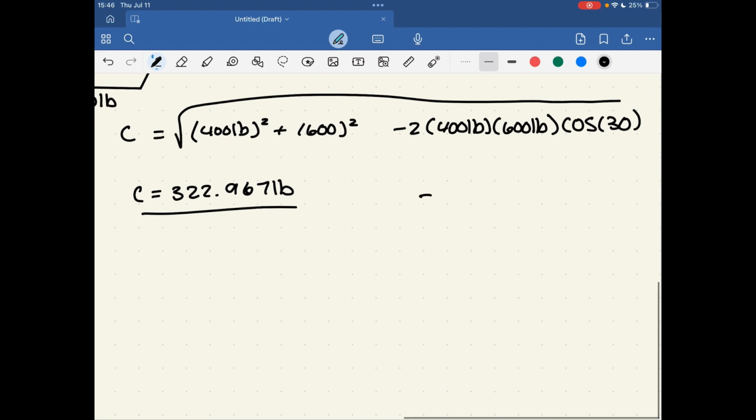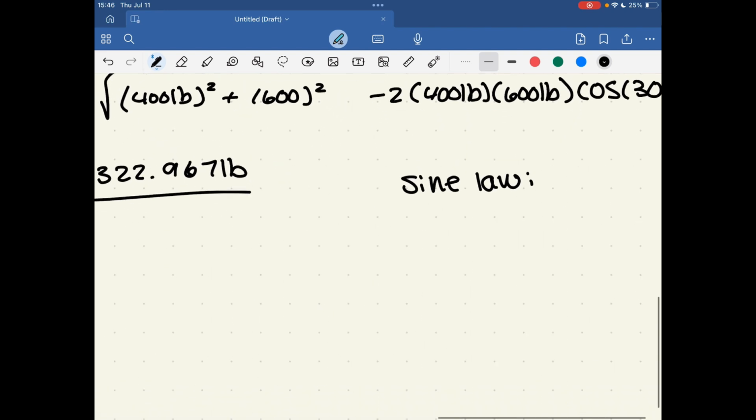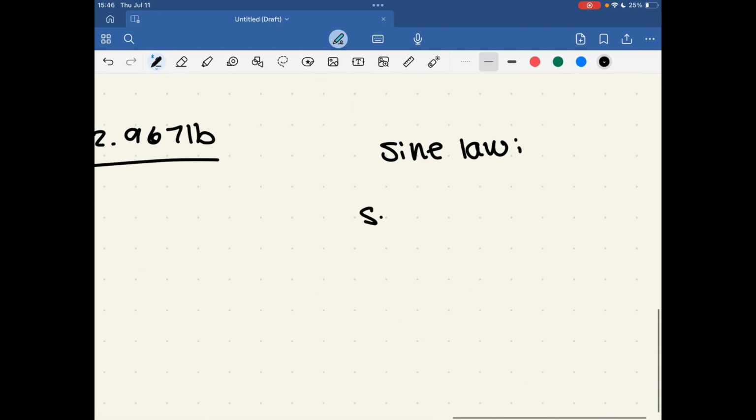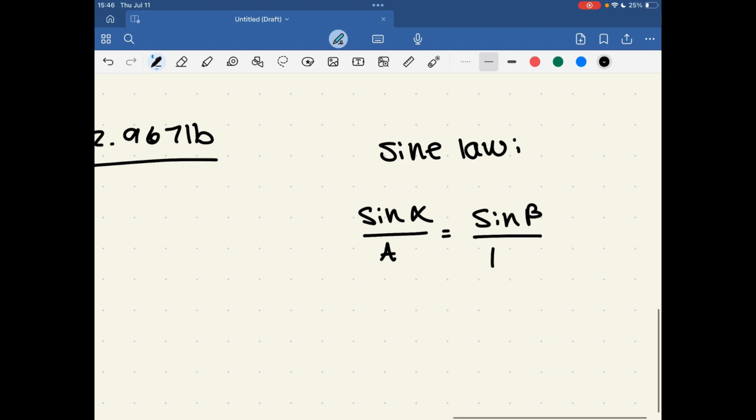Law of sine states that if we know sine alpha, we can divide it by its side, a, and it equals sine beta divided by b, and this is also equal to sine gamma divided by side c.